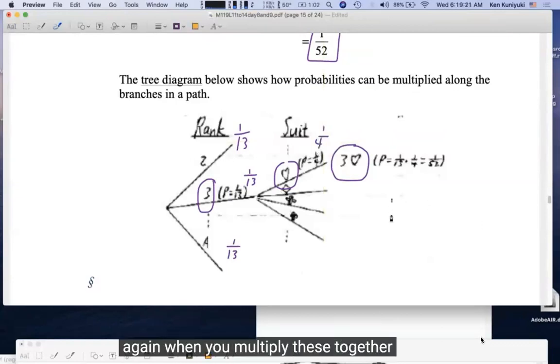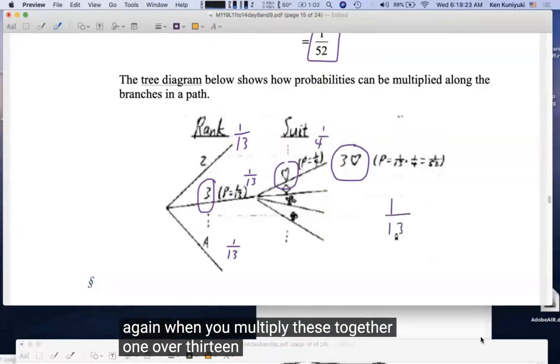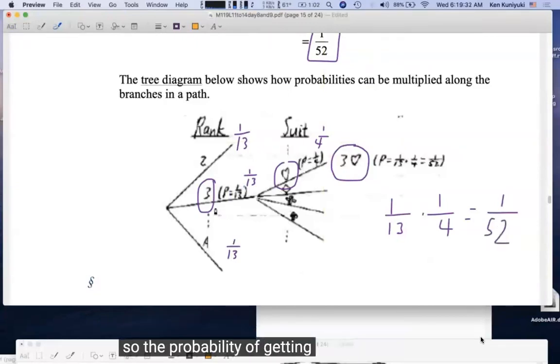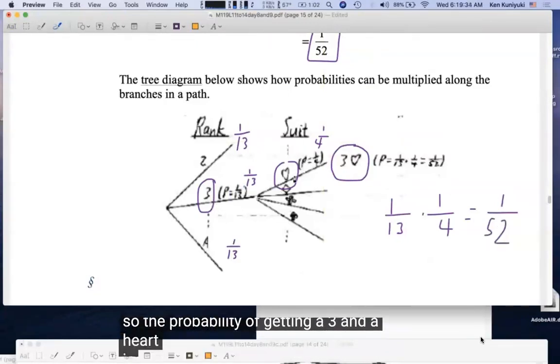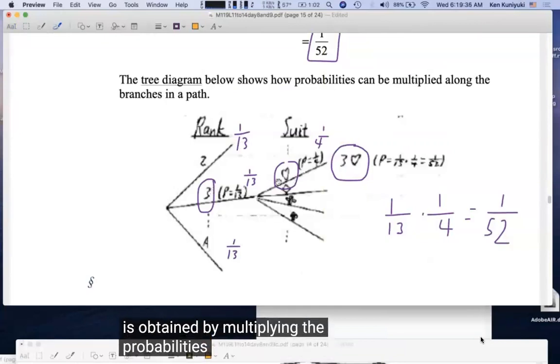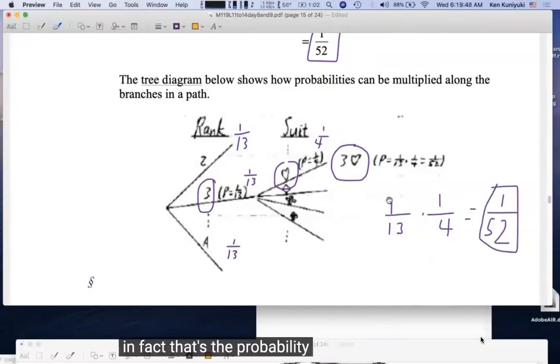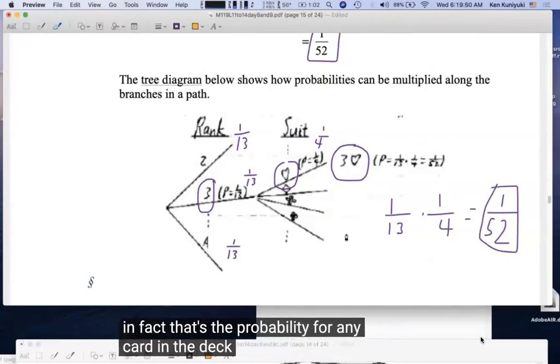Again, 1 over 13 times 1 over 4 is 1 over 52. So the probability of getting a 3 and a heart is obtained by multiplying the probabilities on these branches. That's the end probability for the entire path, 3 and hearts, 1 over 52. In fact, that's the probability for any card in the deck.